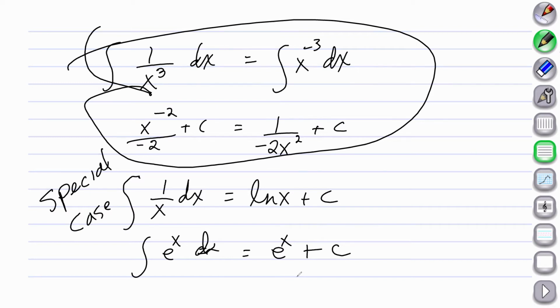Okay, so you're saying, okay, yeah, that's great. Well, what if I had the integral of e to the 4x? What if I had something like that? So sometimes this one's a little bit harder. This would not be really super hard.